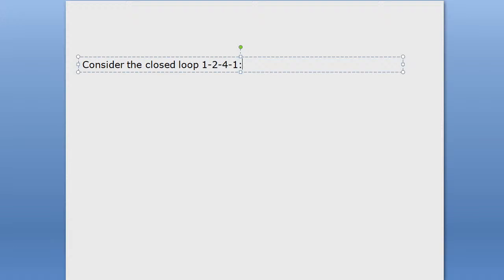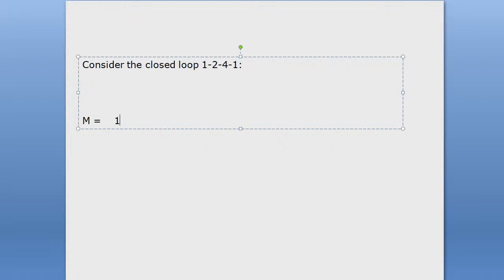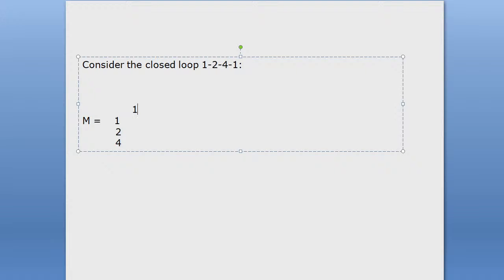Write the matrix, say M. The number of rows means the number of nodes, and the number of columns will be branches. Just write here branch 1, then branch 4, then branch 5.